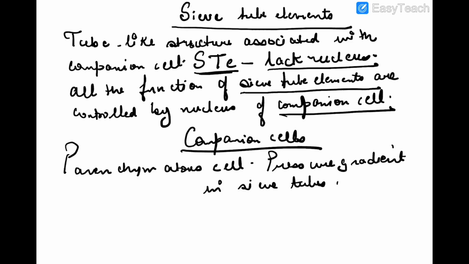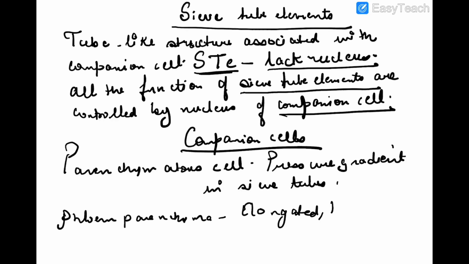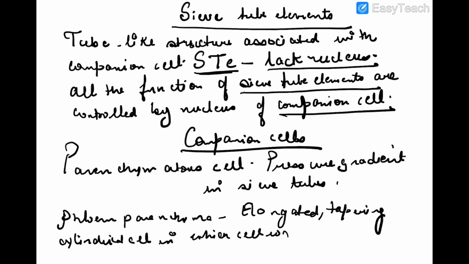Now let us talk about phloem parenchyma. Phloem parenchyma is an elongated, tapering, cylindrical cell in which the cell wall is made of cellulose.